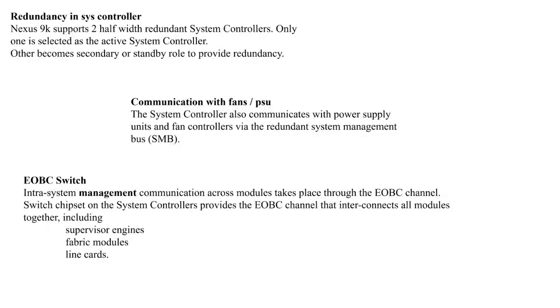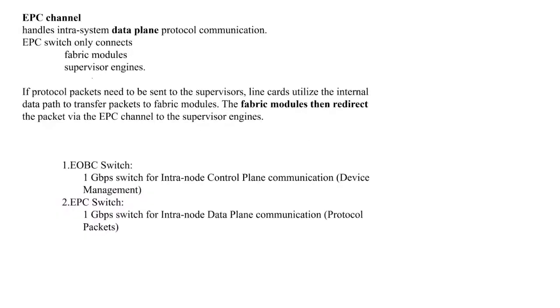One is this circuit chip, EOBC, Ethernet Out of Band Channel. The other one, the Ethernet Protocol Channel, EPC. So these are two chips. What they facilitate is this: the out of band control facilitates the control plane communication, which is management communication.